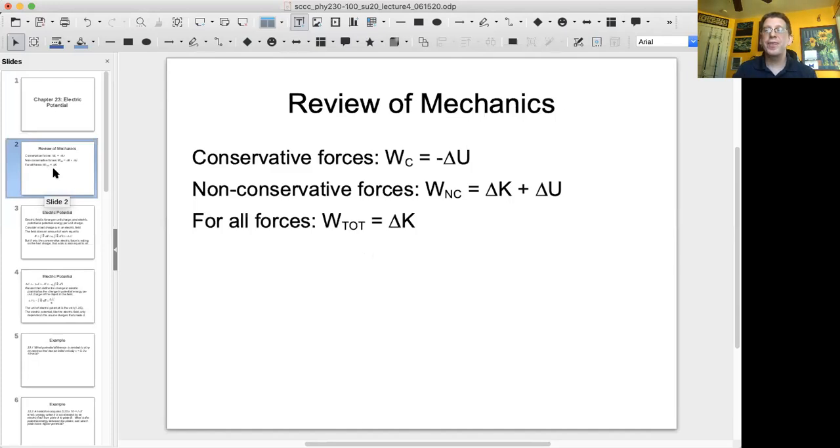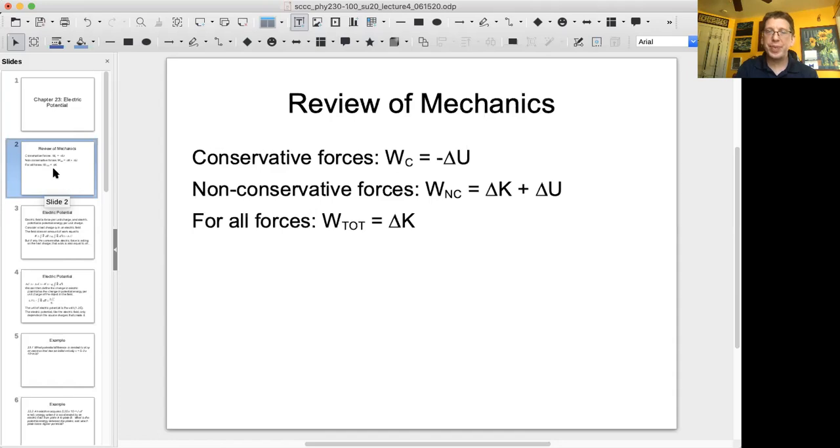And so for conservative forces, the work done is equal to the negative of the change in potential energy. So if you increase an object's potential energy, you are doing negative work. And if you decrease an object's potential energy, you're doing positive work.